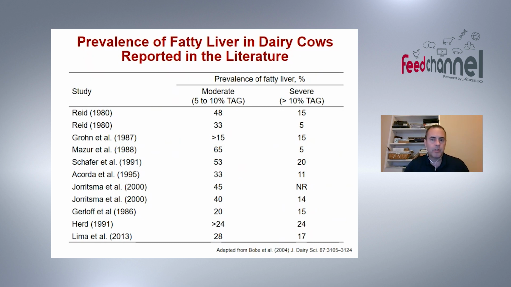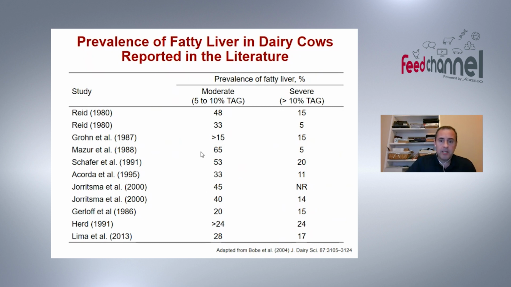And what they showed was that if we use the cutoff of 5% triacylglycerol on a wet tissue basis of the liver, many cows will have that amount. So typically in a well-fed cow, they have 1, perhaps 2% triacylglycerol in the hepatic tissue.